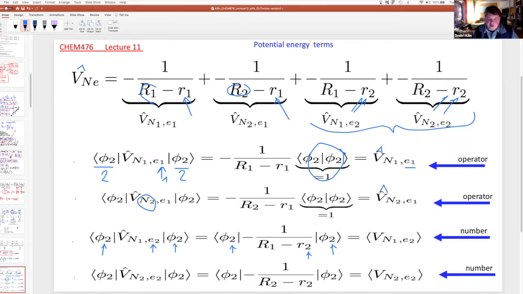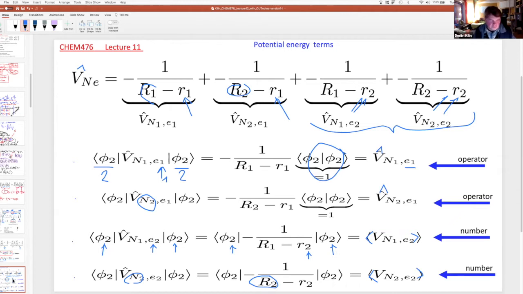It's just a number that we can treat easily. So I have brackets here. It is a number. If I look at the same thing, interaction with the second ion, it will again be a number. So out of these 4 terms, 2 of them keep being operators, and 2 of them become numbers after making the expectation over the second electron.